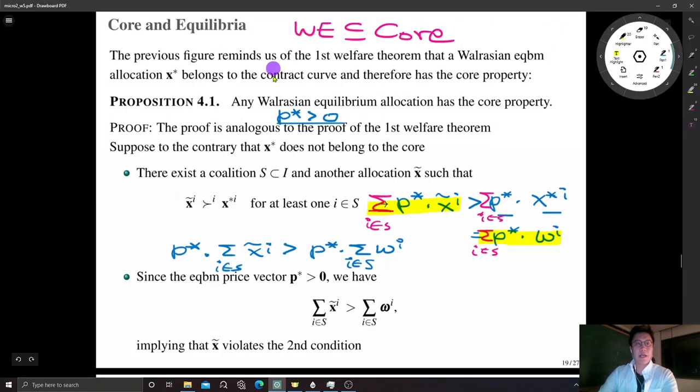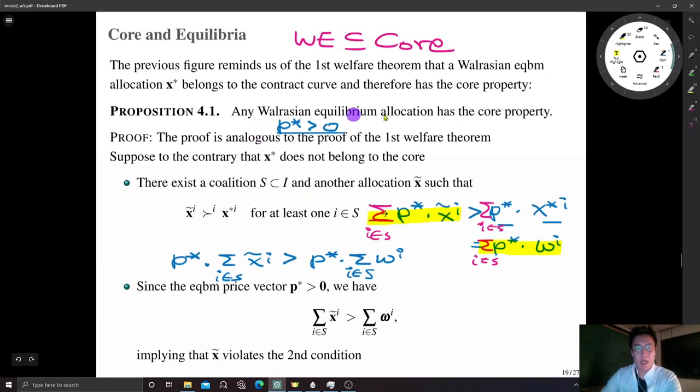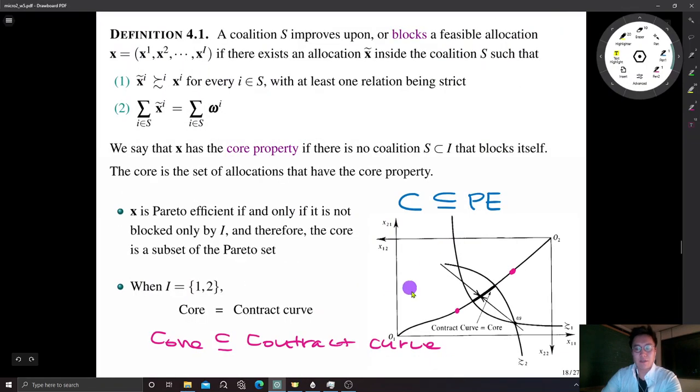So the previous Edgeworth box diagram shows that any Walrasian equilibrium allocation has the core property, just in the case of two consumers. But at the same time, there is only one equilibrium allocation. The other allocations in the core, say this one, are not equilibrium allocations because there is no equilibrium price vector supporting this one as an equilibrium.